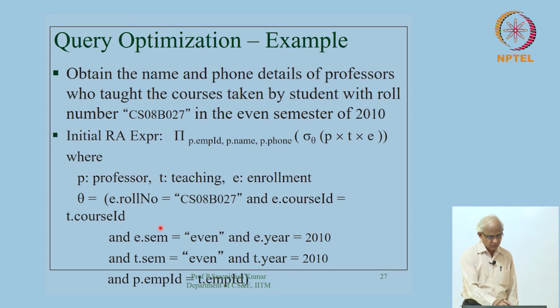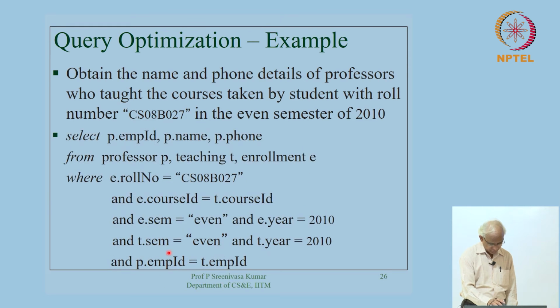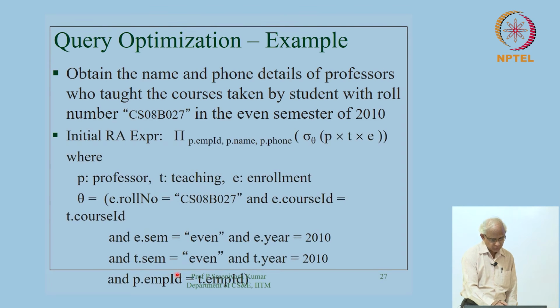Theta is this entire stuff that we have seen there. Okay. So I have reproduced this entire where condition here. So that is how the initial relational algebra expression will look.